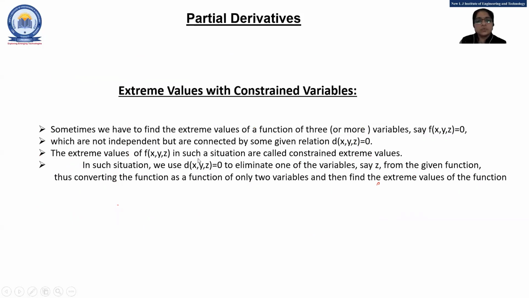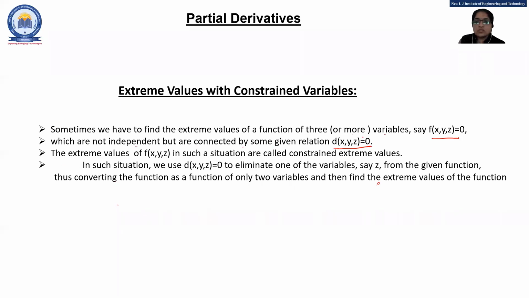Now, students, today is extreme values with constraint variables. First, what are extreme values with constraint variables? Sometimes we have to find extreme values of a function of 3 or more variables, say f of x, y and z, which are not independent but are connected by some given relations.